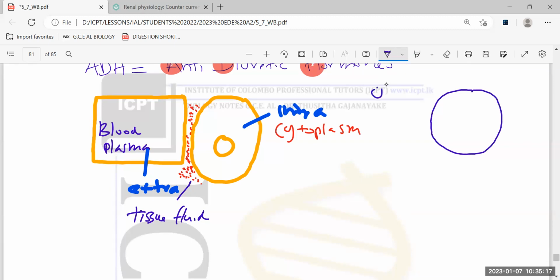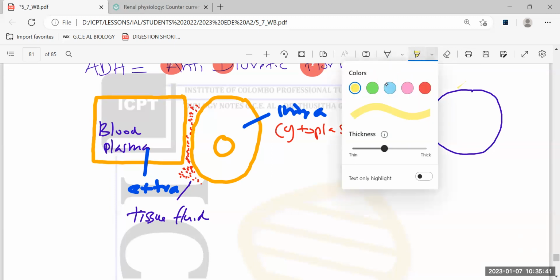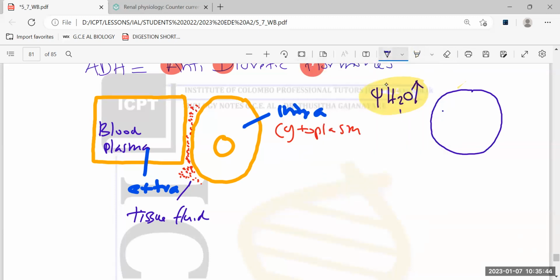If the water potential is really high outside, the water moves in, because this side's water potential is low.